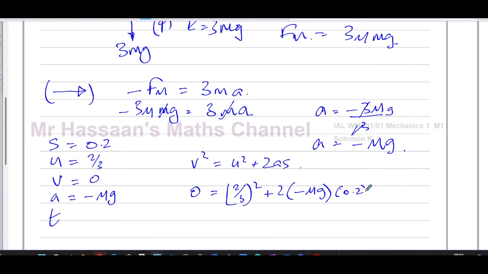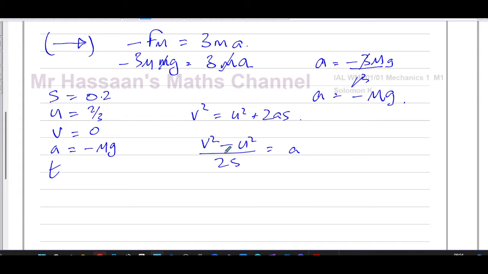which is 0.2. In fact, to make it easier, I'll rearrange this formula first. We have to find mu, so I'll make a the subject. So you have v squared minus u squared over 2s is equal to a.